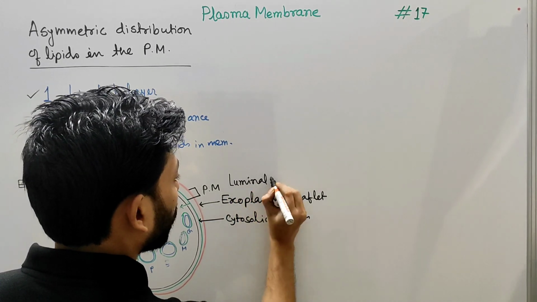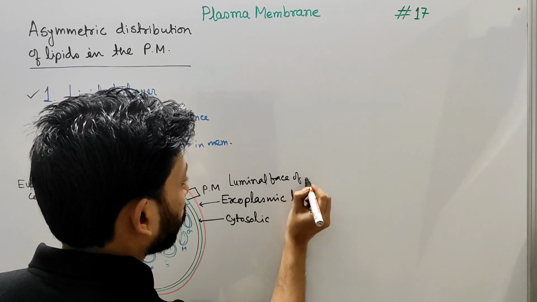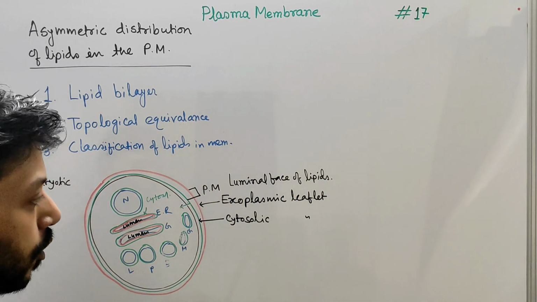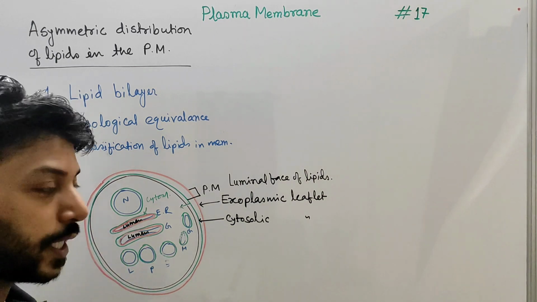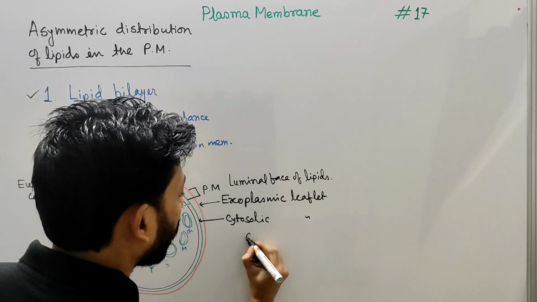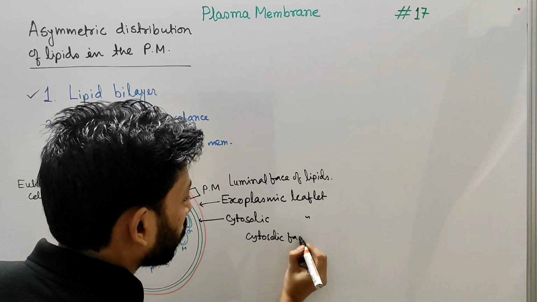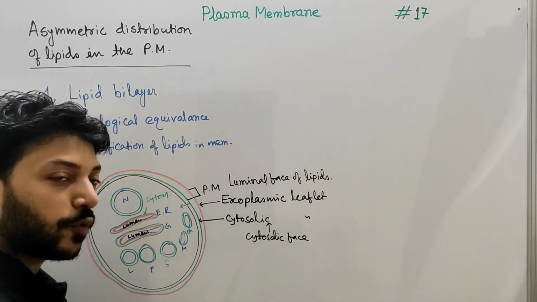Luminal phase of lipids in the case of intracellular organelles. Also for intracellular organelles, the cytosolic leaflet we call the cytosolic phase of the lipid. So the name for cytosolic is the same for intracellular organelles.